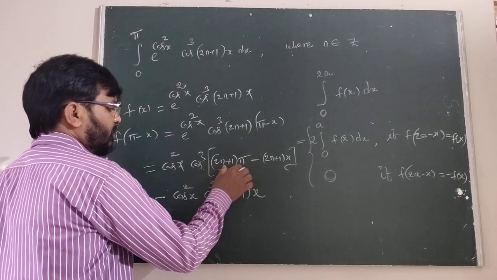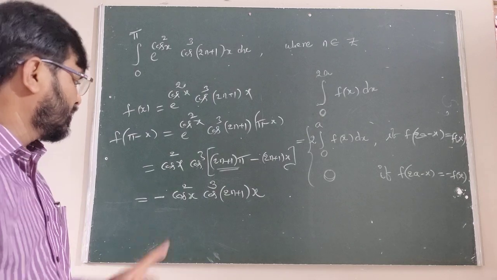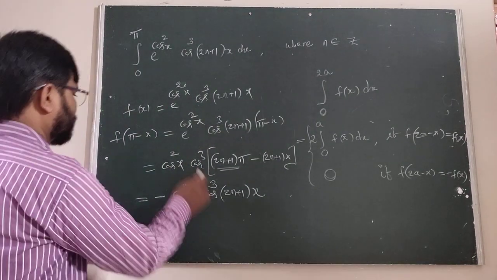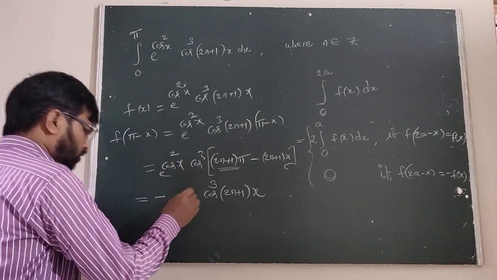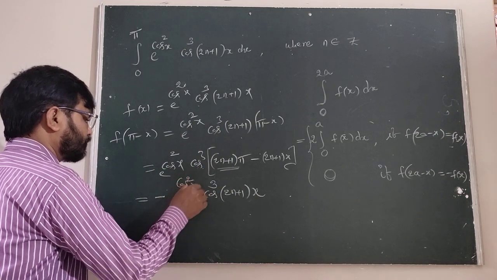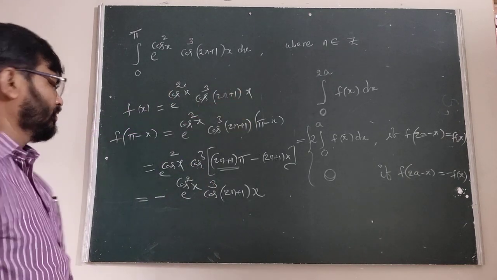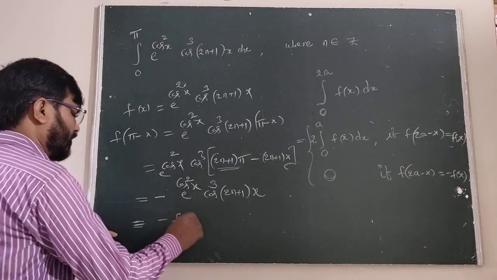The cos of (pi minus theta) is minus cos theta, and minus cube is minus. Therefore, we got e power cos square x, cos cube of (2n plus 1) x, and now this is the minus of f of x.